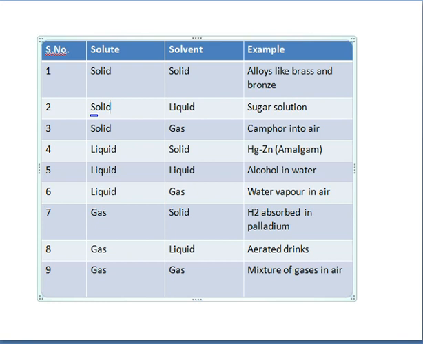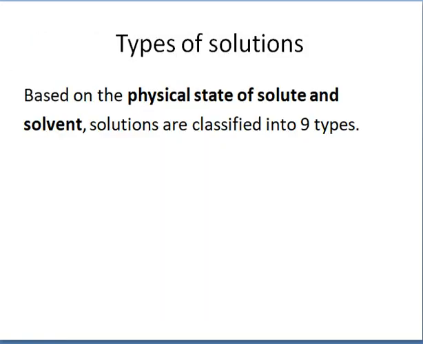So dear students, today we discussed only two things: what is meant by a solution, and what are the types of solution. It is my duty to summarize it once again. A solution is a homogeneous mixture of two or more components like a solute and solvent. Solute is the one present in smaller quantity.